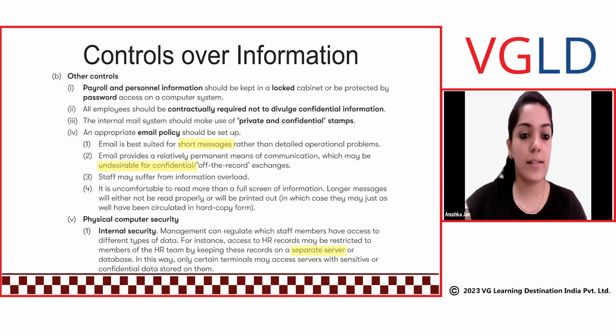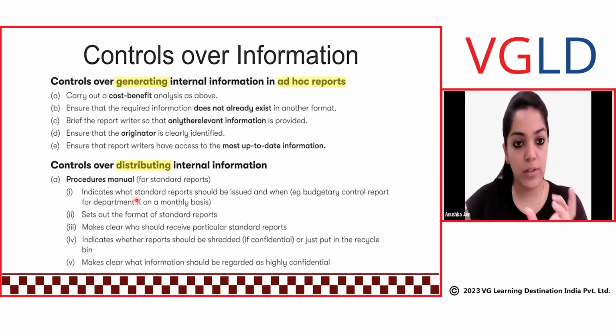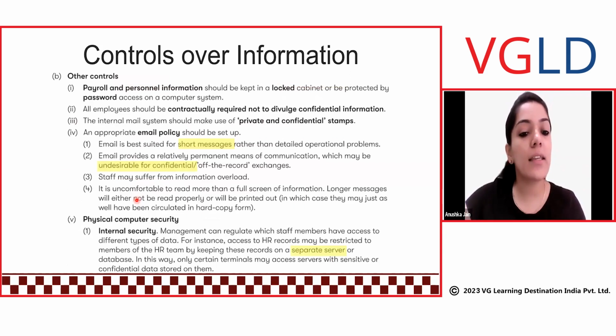So this one is other controls. We were earlier talking about standard reports, how they should be procedurally clear. Now, what are the other controls which need to be there? Payroll and personal information should be kept in a locked cabinet or be protected by password access on a computer system.